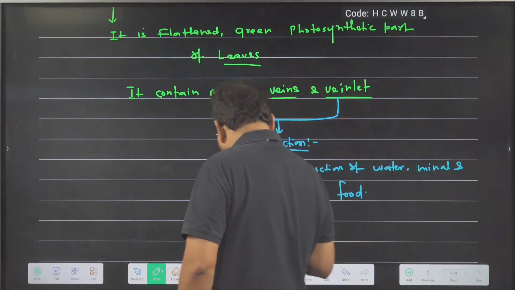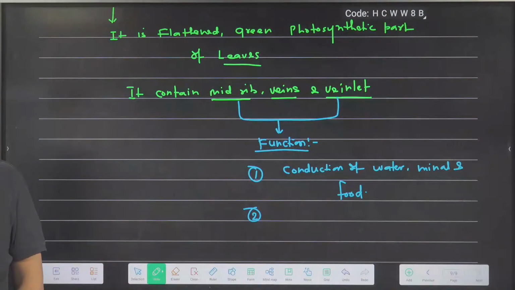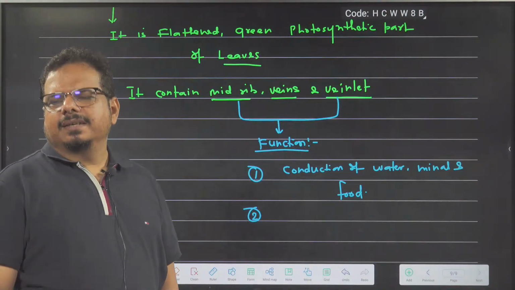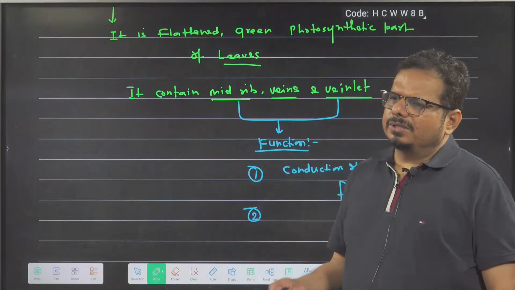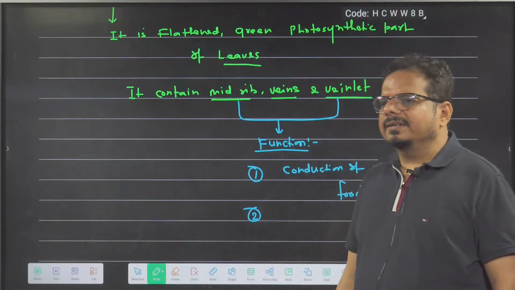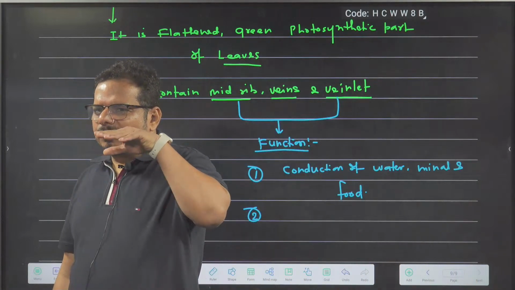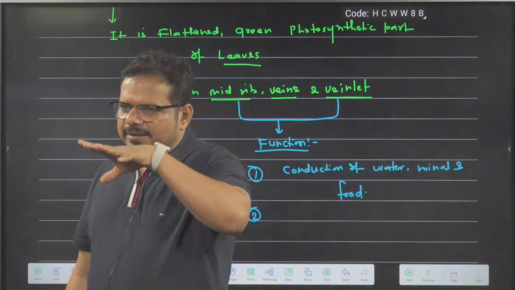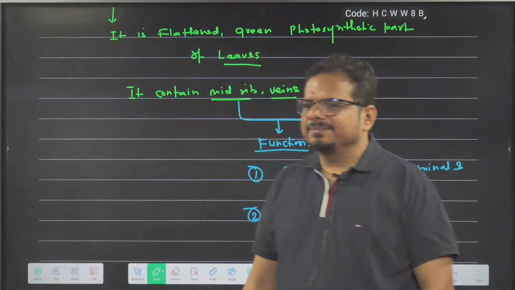Second function is what? Xylem and phloem are there in the veins and veinlets, so the function is conduction of water, minerals and food. Another function is what? Think of a leaf without midrib, without veins, without veinlets, what problem occurs in the leaf?